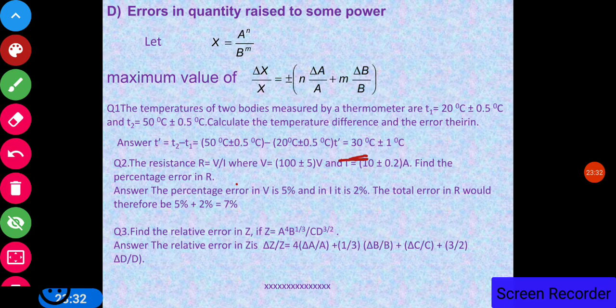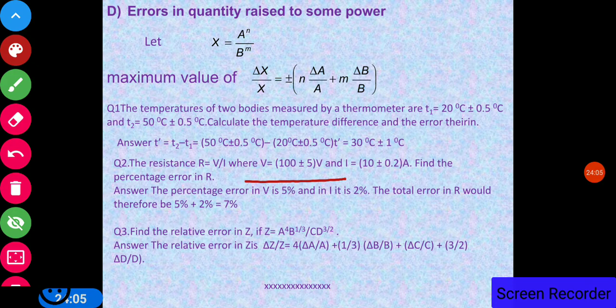Now let us see the next question. The resistance R is equal to V upon I. You know this formula. V is 100 plus minus 5 V and I is 10 plus minus 0.2. Find the percentage error in R. So before the percentage error, we have to find the relative error. How will you find the relative error? Now what does it mean? 100 plus minus 5 means 5 is the absolute error.